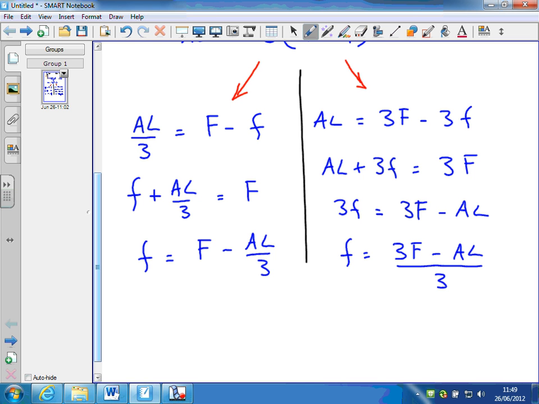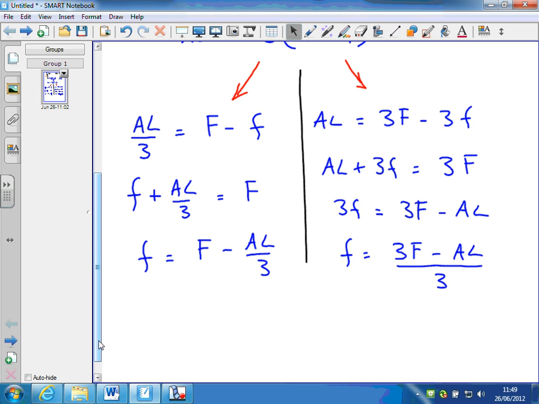Now finally, we need to just show that they are the same. So looking at the right hand side, can we show that that's the same as the left hand side? Looking at the left hand side, can we show that's the same as the right hand side?